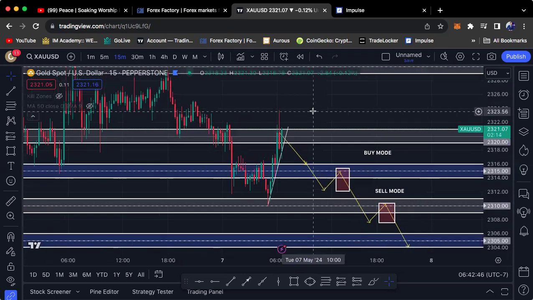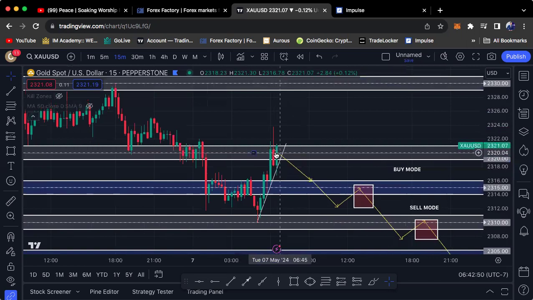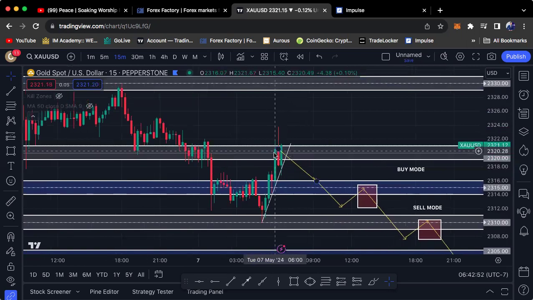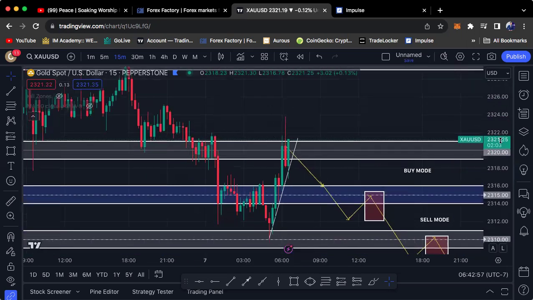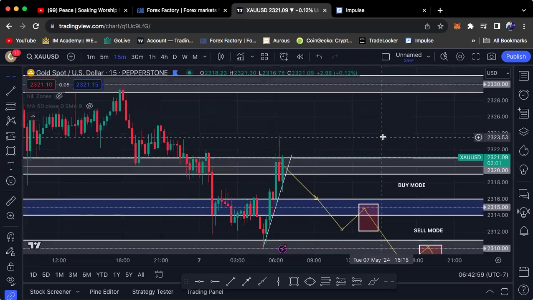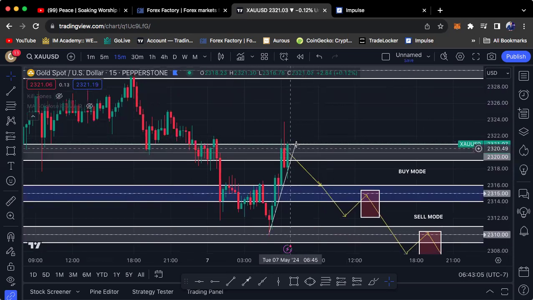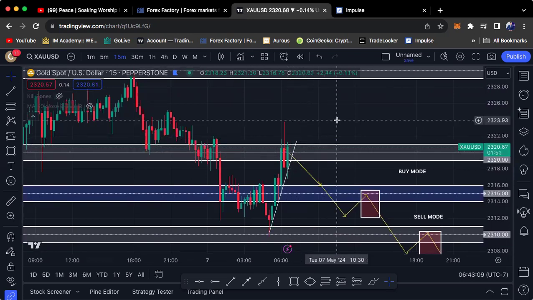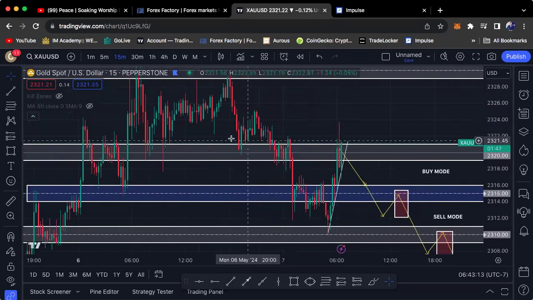But as of right now, price is within this resistance zone. Let's see if price closes above or below this structure here at 23.20, because right now it's retesting this level.